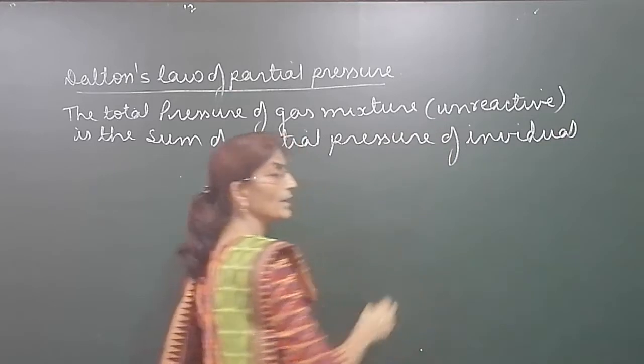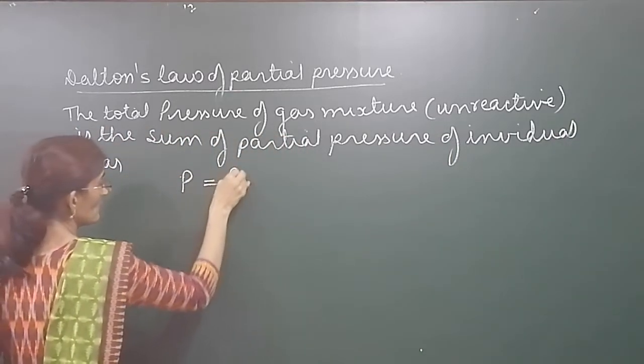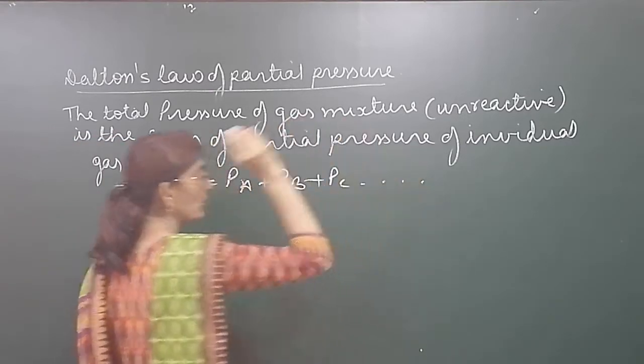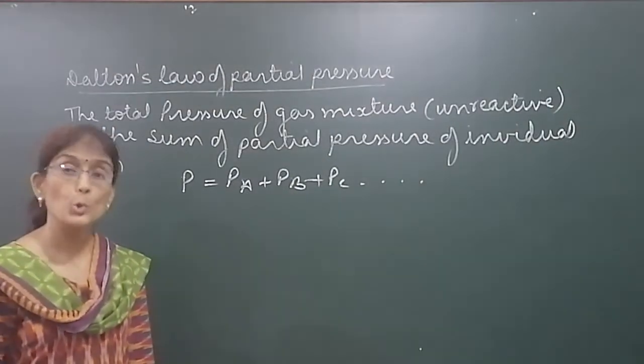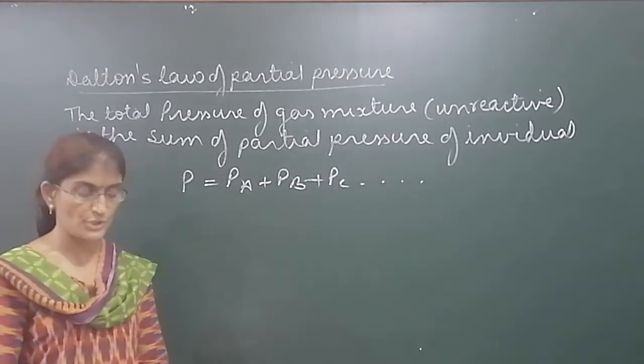Which gases should they be? Unreactive gases. P total is equal to PA plus PB plus PC. However many gases are filled, take the sum of the partial pressures of all of them, and we'll get the total pressure of the mixture. This is known as Dalton's law of partial pressure.